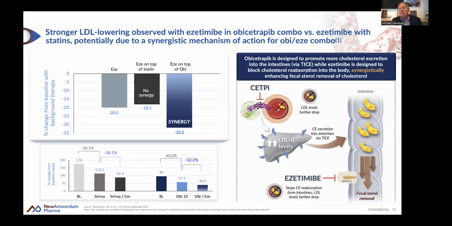When you have more TICE and therefore more intestinal cholesterol removal, you have ezetimibe there to soak it up or to prevent its reabsorption. We see this synergy, with even greater than expected efficacy on LDL lowering. We expected roughly 20%. We saw over 30% additional LDL lowering with ezetimibe plus obicetrapib.